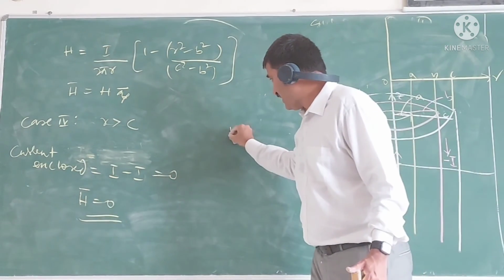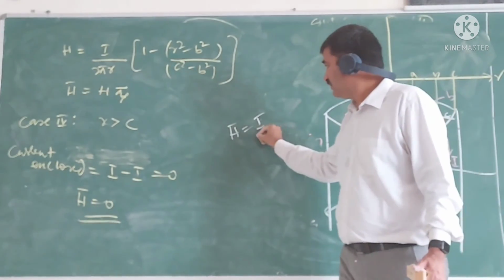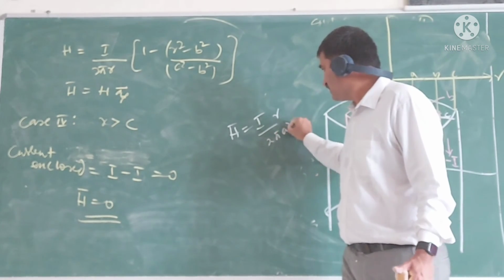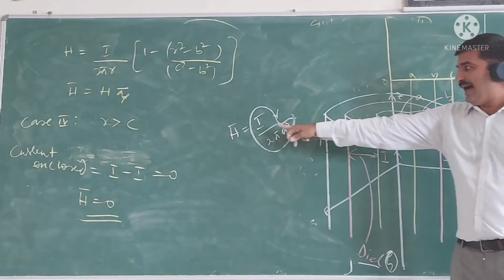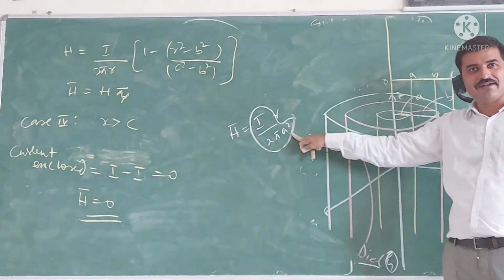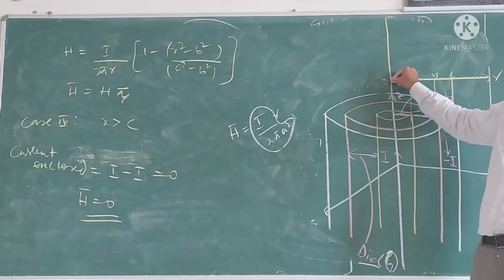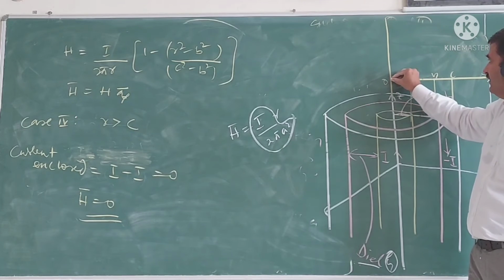What is case 1? H bar is I r divided by 2 pi a square. Is it constant? I divided by 2 pi a square is constant or not? As R increases, what happens? If R is 0, H is 0. Is it varying linearly?